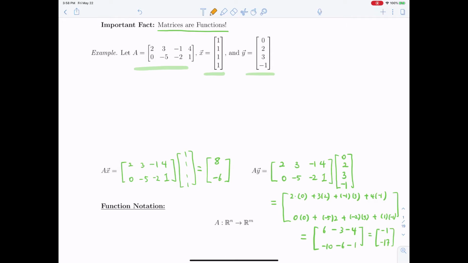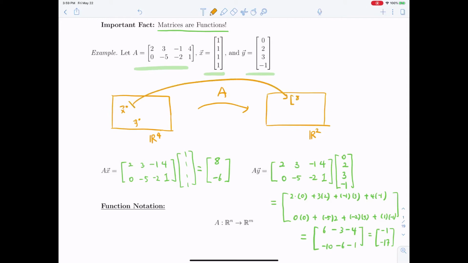So the point is, if you multiply a vector by a matrix, then starting from R4, we have the x vector here and the y vector here. These two vectors get mapped by A into two-dimensional space, because the result of this multiplication is a two-dimensional vector. x gets sent to 8 and -6, and y gets sent to -1 and -17.